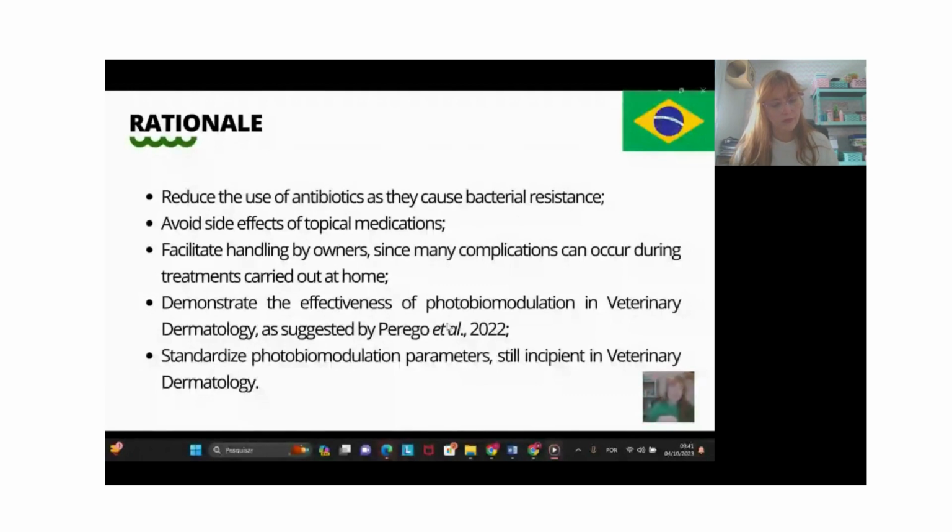Also, to demonstrate the effectiveness of photobiomodulation in veterinary dermatology, as suggested by Perigo et al., and to standardize photobiomodulation parameters, still incipient in veterinary dermatology.